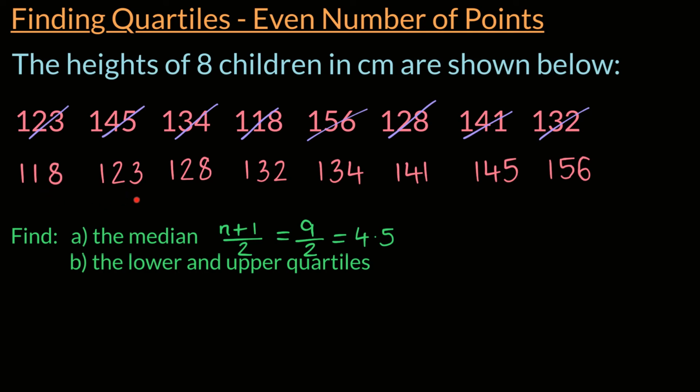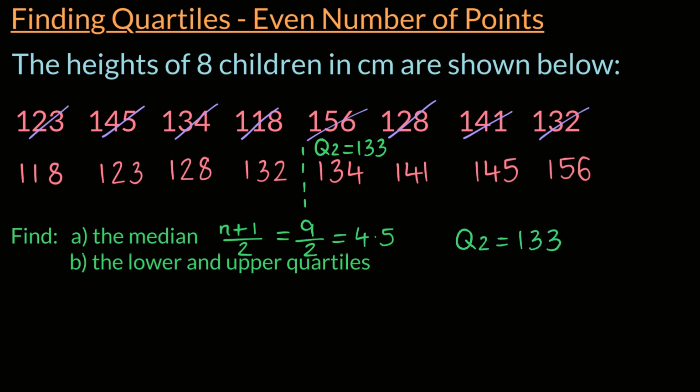So 1, 2, 3, 4, and this is our 5th number. So our median is going to lie in between 132 and 134. That one's quite straightforward because we know what lies in between 132 and 134, and we know that it's 133. And we can write that down here at the side.